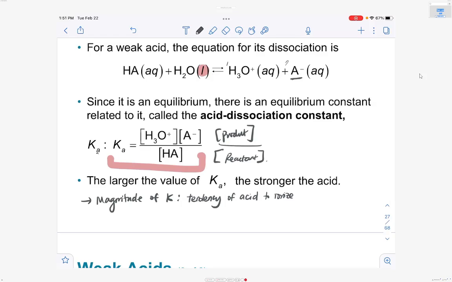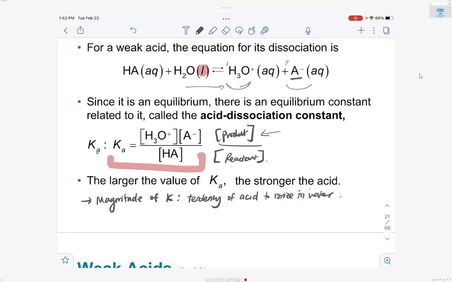The magnitude of Ka shows the tendency to ionize in water. More ionization means more hydronium ion concentration, and more conjugate base concentration. If you have higher concentrations of product, if the numerator has a higher value, you will have a higher Ka value, right?